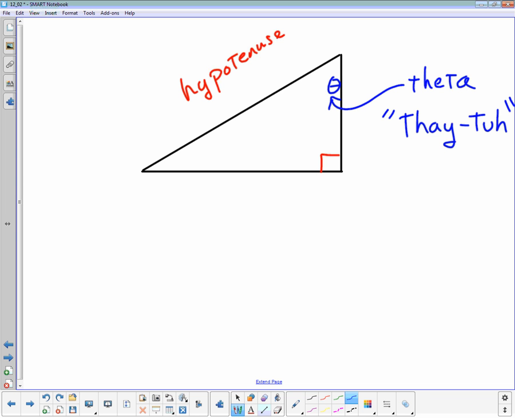And what does it mean? It's saying, hey, look at this angle. It's a variable that represents an angle. It says the number of degrees that that angle is. So theta is, in a sense, like x, but it's always talking about an angle, okay?